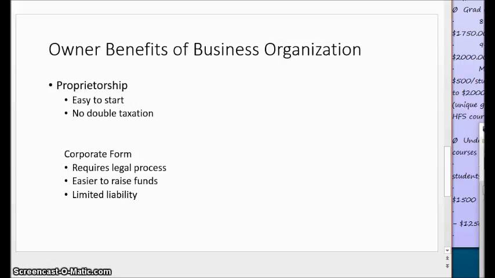So as you're reading through that information in this week's study in the chapter, make sure you're aware that in this course we are going to focus on the corporate form. There's a unique set of problems that relate to having a corporation, unique requirements that are different from a proprietorship. In the corporate form, for example, you have this agency problem.